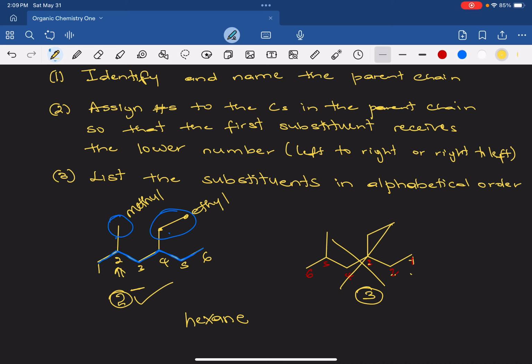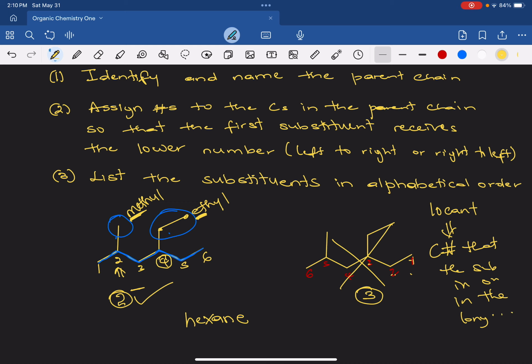Now, rule 3 says you need to list your substituents in alphabetical order. All right. First and foremost, your ethyl group is on carbon number 4. Remember, once you write a substituent, it must have a locant. And the locant is the carbon number that the substituent is on in the long chain of carbon, right?